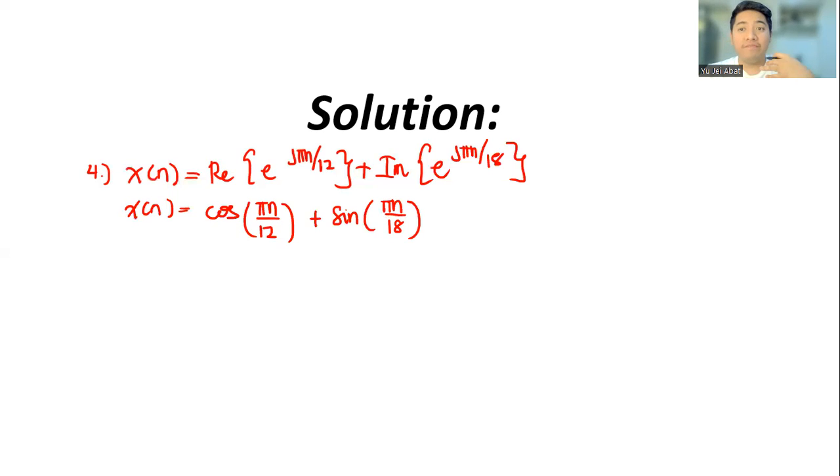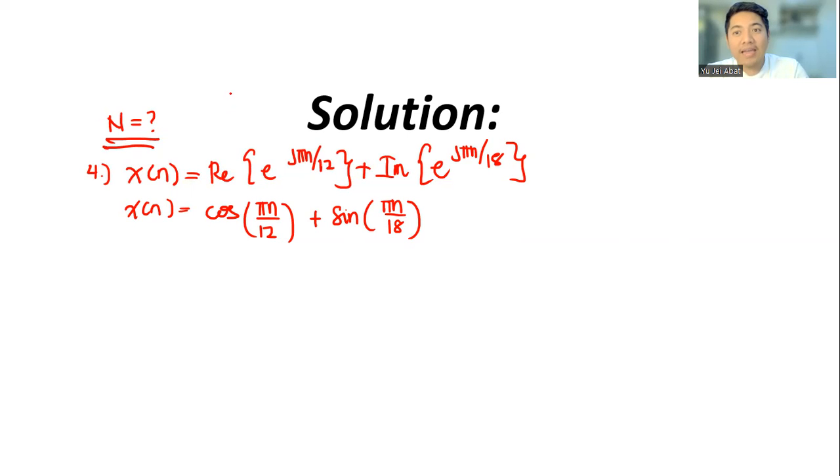If we have these two sinusoids added and we want to determine the fundamental period, we're going to determine only the fundamental period, but we will also see later that these two sinusoids are periodic because of the rational value of n.